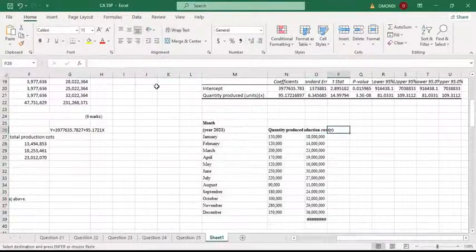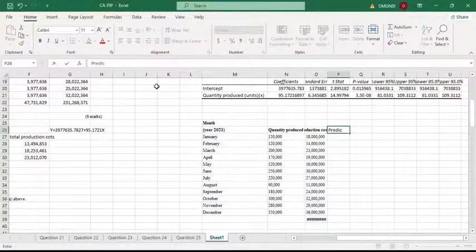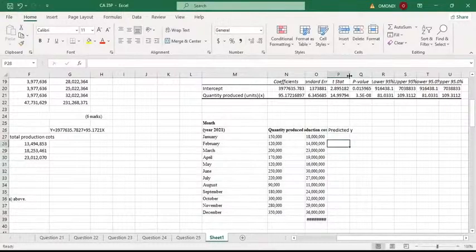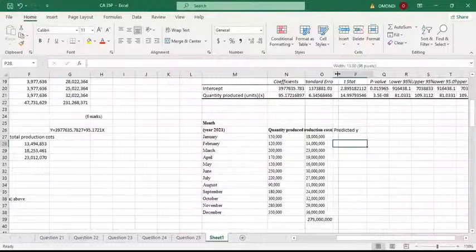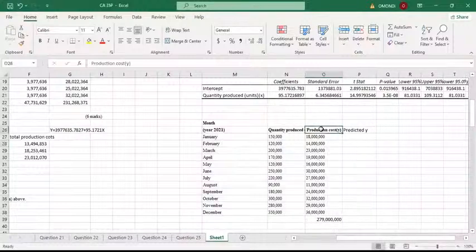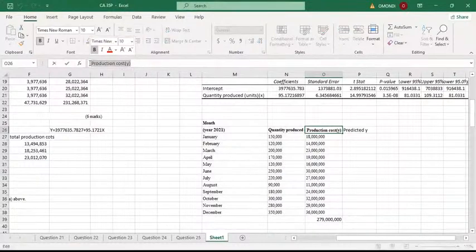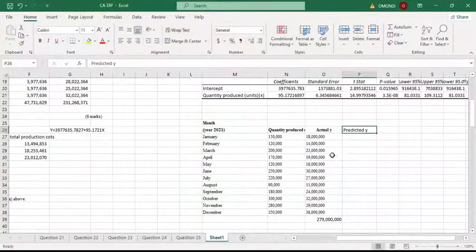Then I will get predicted y. How do I get predicted y?